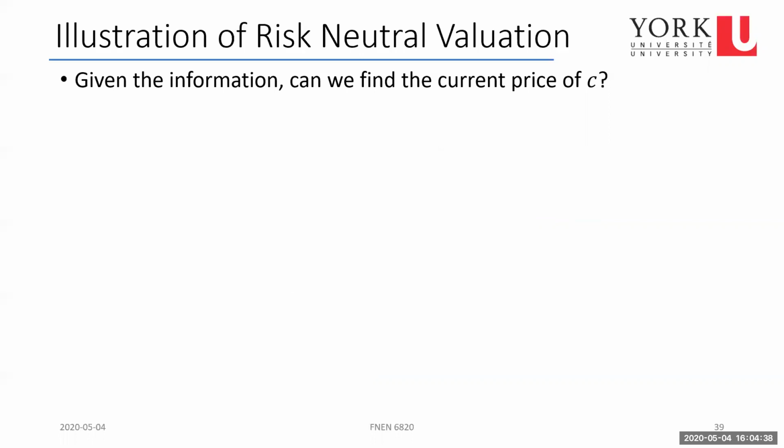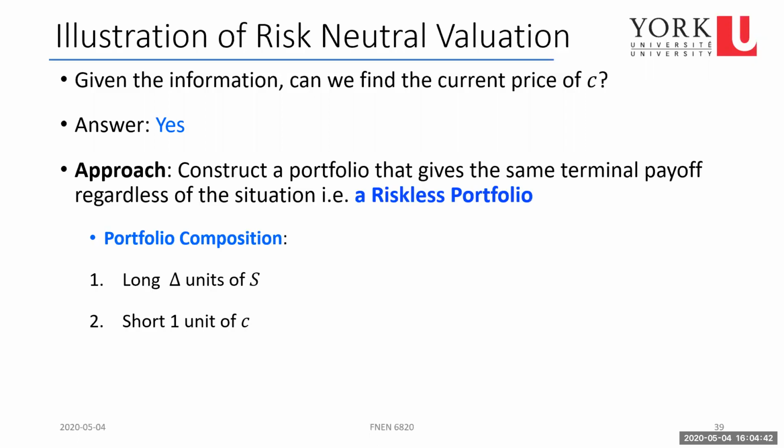Well, the answer in this case is actually yes. How are we going to do that? Although in the last two slides, the information doesn't seem to be a lot, it's actually quite enough for us to be able to price this product.